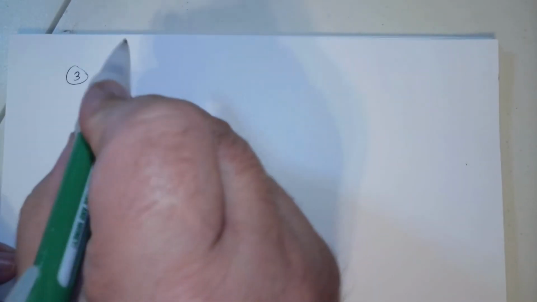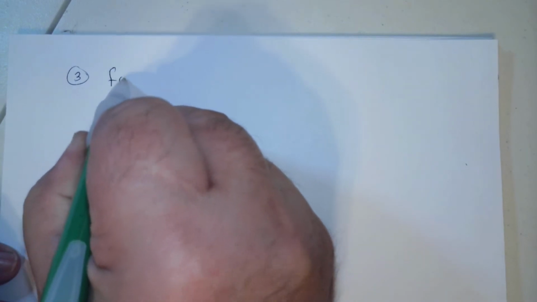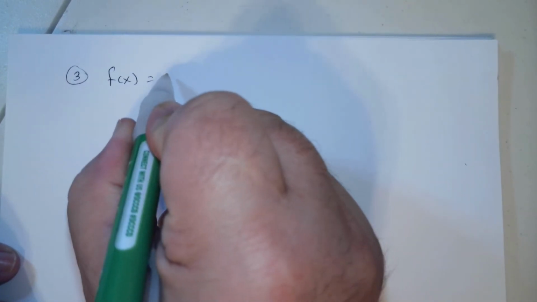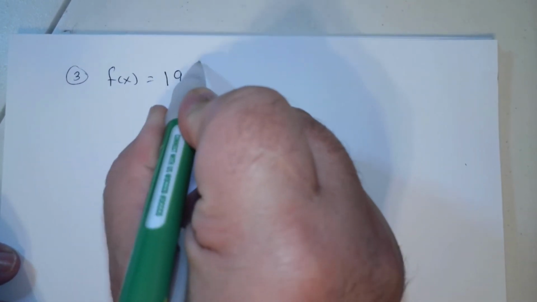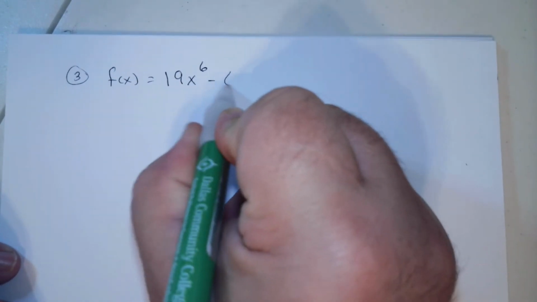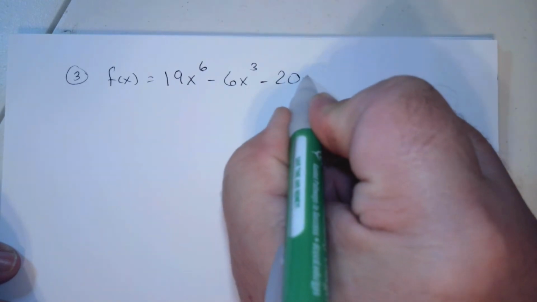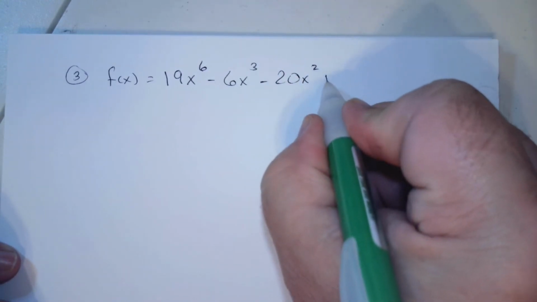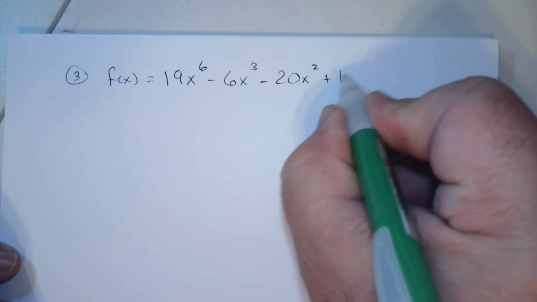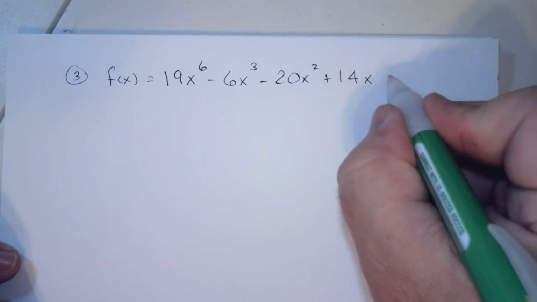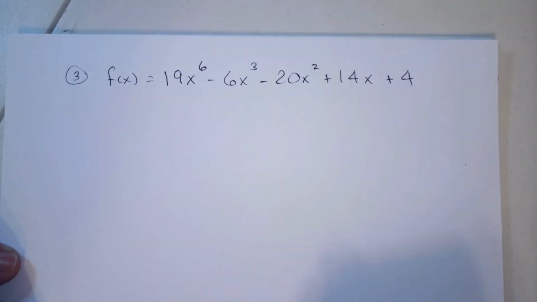Alright, so let's look at this. It looks like f of x equals 19x to the 6th minus 6x cubed minus 20x squared plus 14x plus 4.